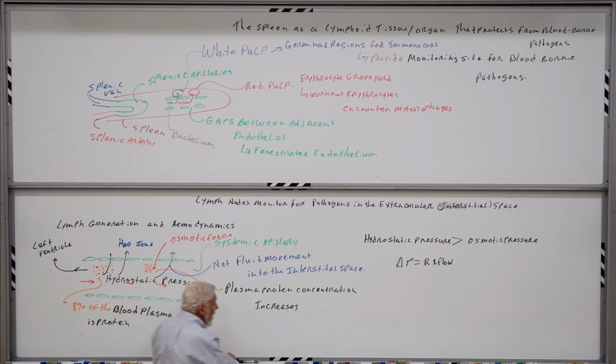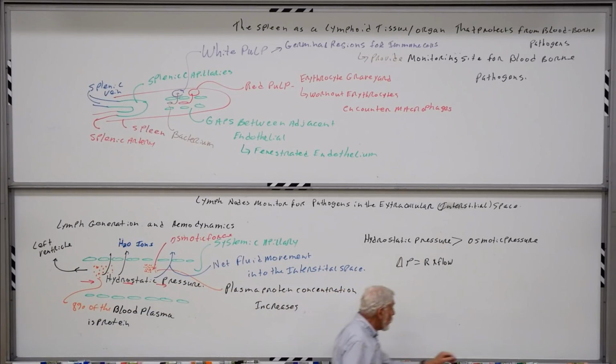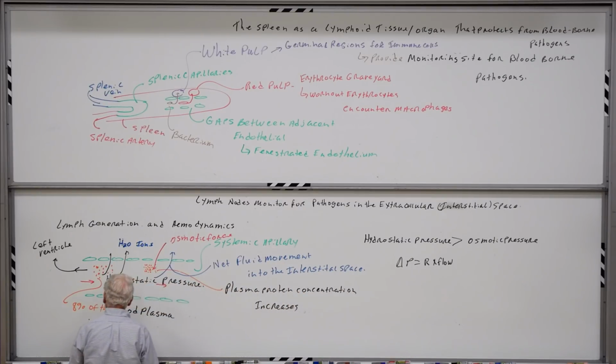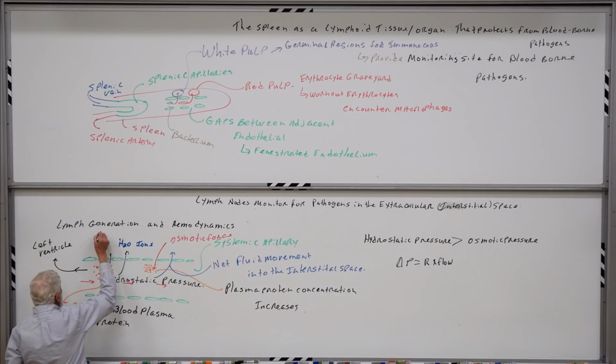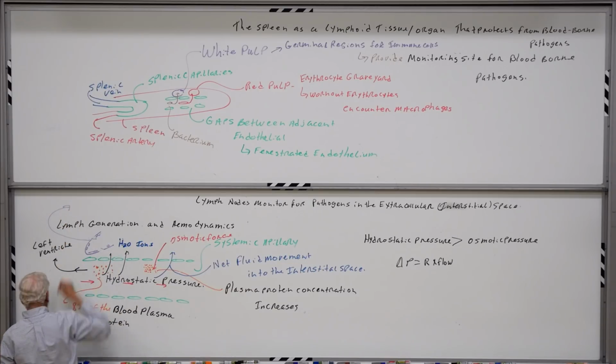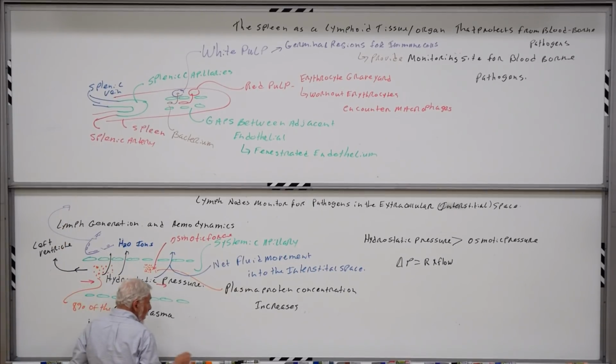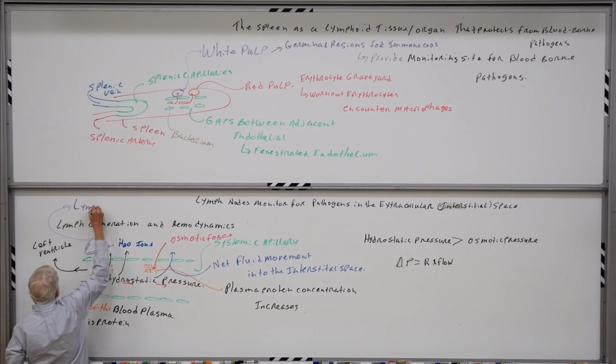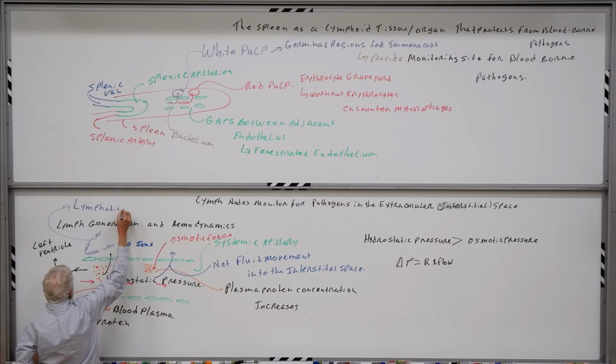And so what we find is out here in the extracellular environment, in that interstitial space, will be these structures. They have little valves on them. They're in fact lined with an endothelium. But these are termed the lymphatic capillaries.